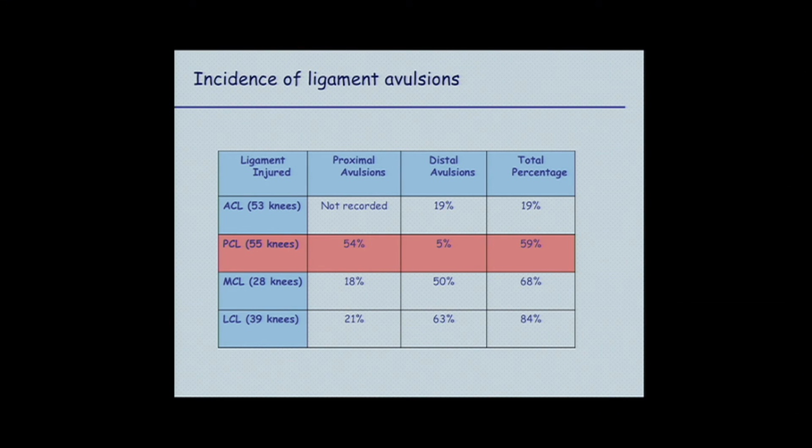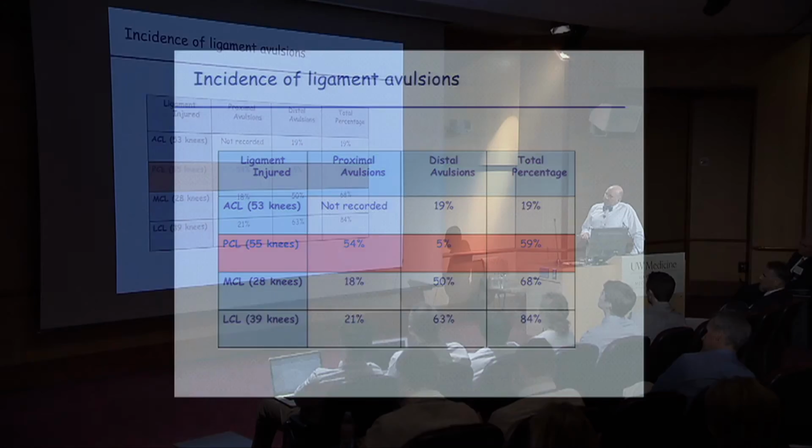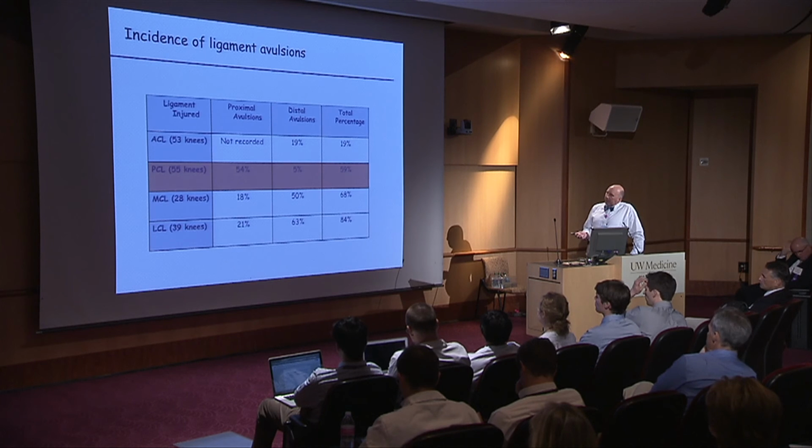The other interesting thing in looking at these patients, in terms of when you manage them, was the number of avulsion injuries that could be treated surgically as opposed to a reconstruction. ACL, this isn't an accurate number, because if it was a proximal avulsion off the femur, then we went with a reconstruction anyway rather than trying to reattach it, because the recorded outcome of surgical reattachment of the anterior cruciate ligament is poor, and that's been proven in some studies from Scandinavia early on in their treatment.